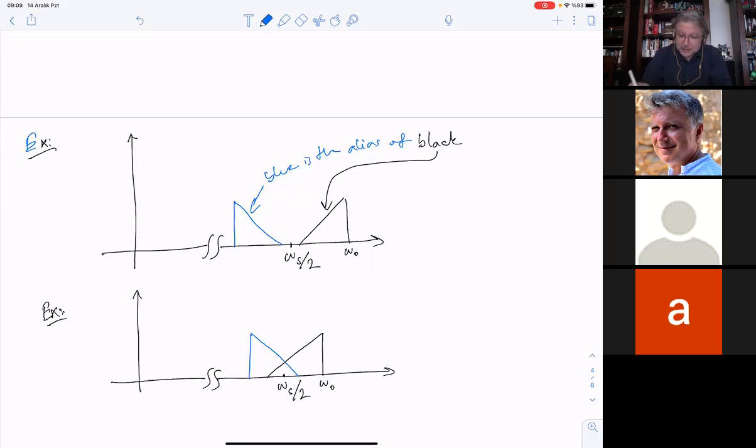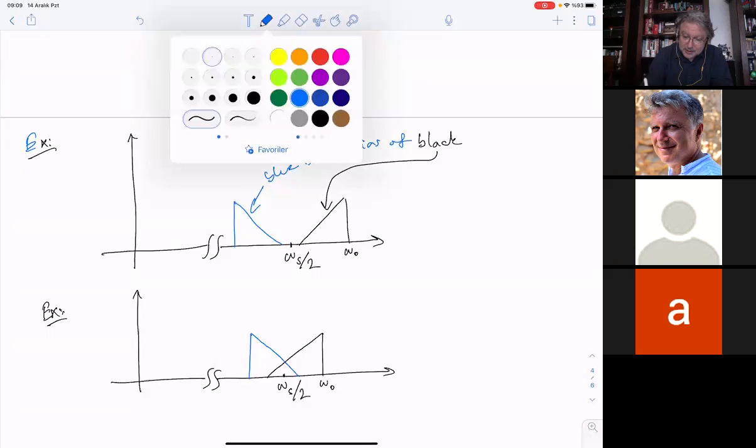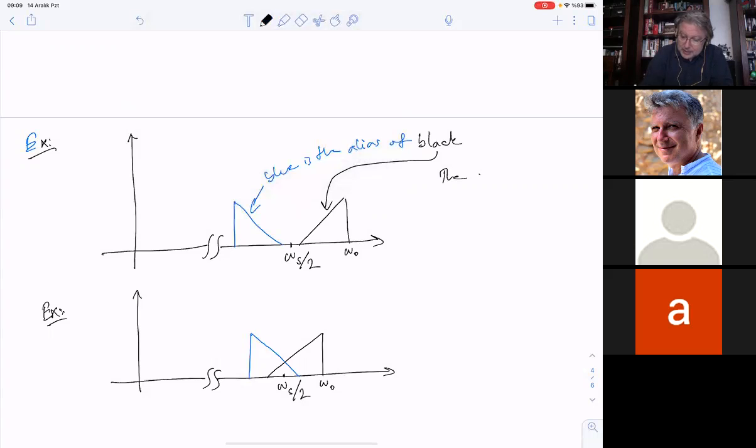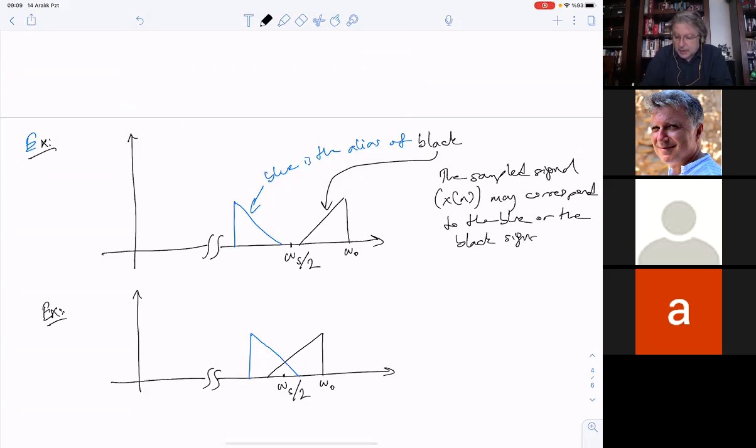So what I'm saying is, we can write it here: the sampled signal, which is the discrete time signal, in other words, x of n, may correspond to the blue or the black signals. And you don't know which, okay?